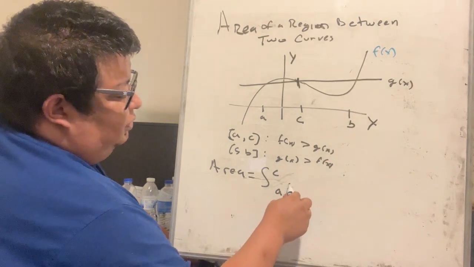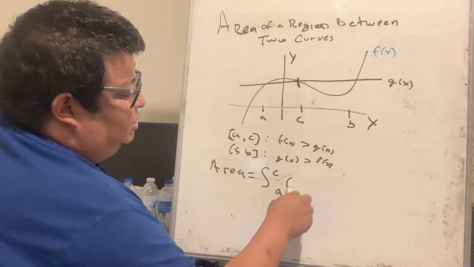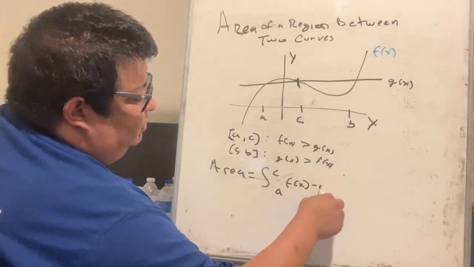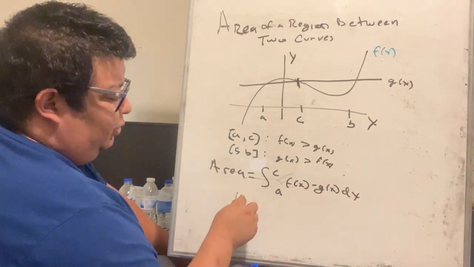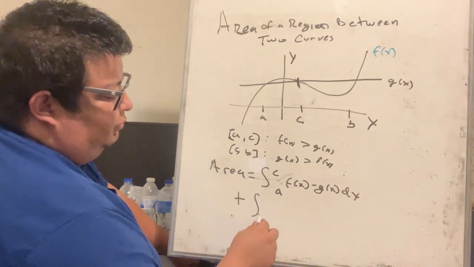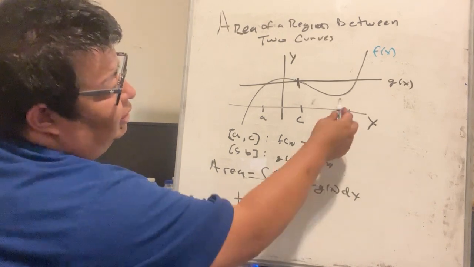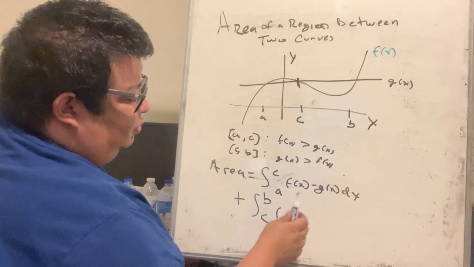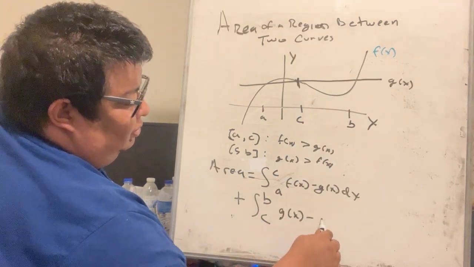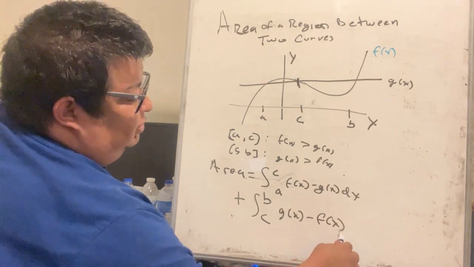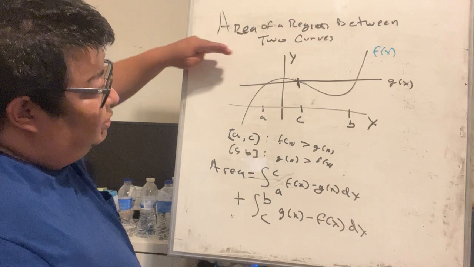So in this case, it's going to be f of x minus g of x delta x, and then we add the integral from C to B of, now the top is going to be g, so we switch, g of x minus f of x delta x. So that's the only difference about this kind of problem.